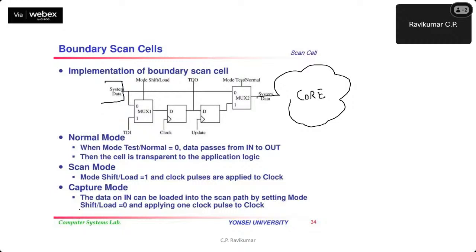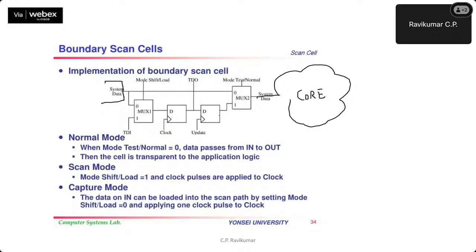So there is the normal mode. In order to implement this boundary scan cell, there are two D flip flops and two muxes. This mux is driven by a signal called load or shift, and this one is driven by test or normal.